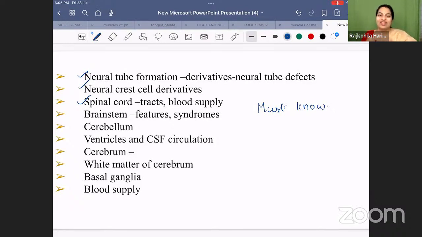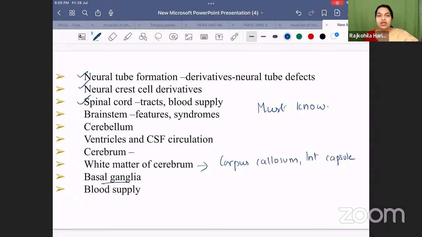Cerebrum, of course: the sulci, gyri, functional areas, homunculus, blood supply. Everything is important. White matter, the three types of fibers, and among that, the corpus callosum, and the internal capsule, very important clinically, isn't it?